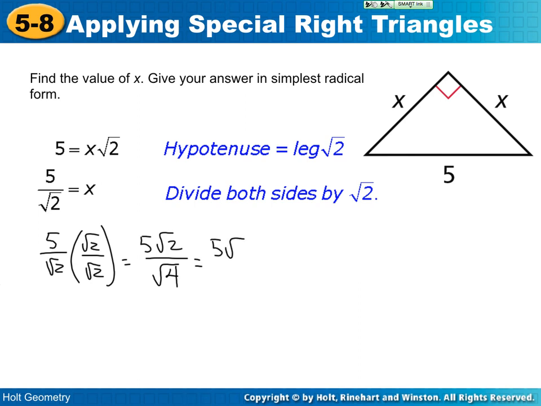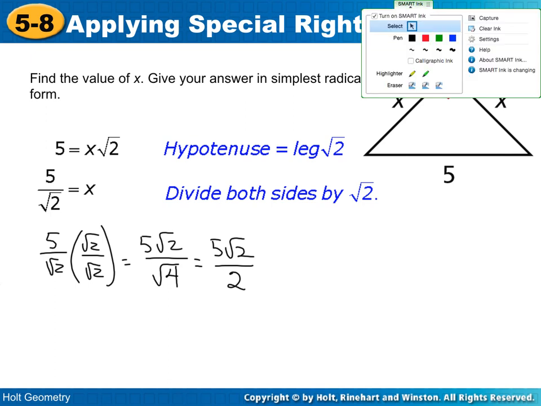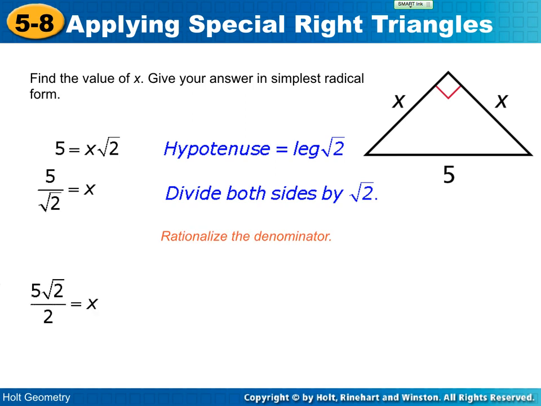So we get 5 times the square root of 2 over 2. 5 times the square root of 2 over 2 is the length of the leg. Right, that one makes sense when you see it? Yep, we will do some more.